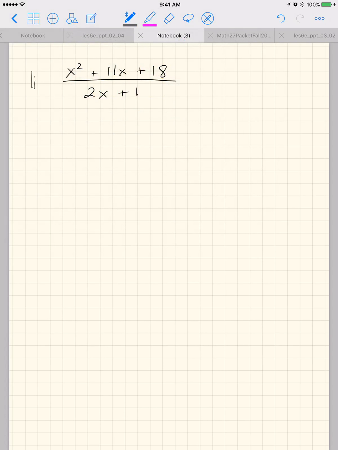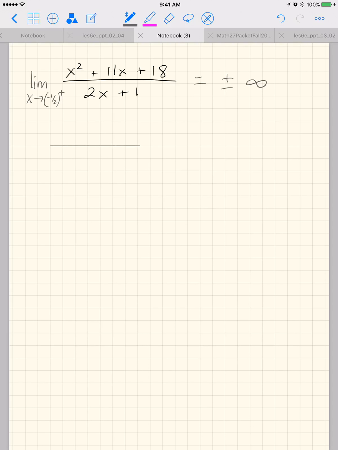We need the limit as x approaches negative 1/2 from the right. Our issue is that it's equal to plus or minus infinity. Is it plus infinity or minus infinity? Here's an easy way to tell. I need to factor.